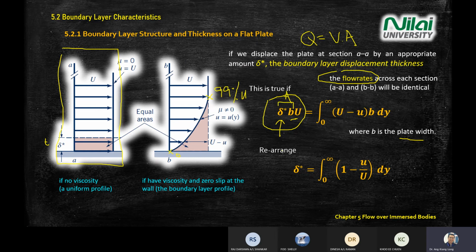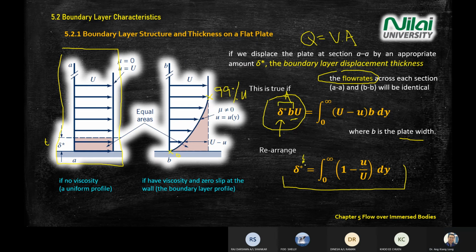Then you rearrange the equation, and you get your boundary layer displacement thickness, delta star, in the integration format. So this delta star is a boundary layer displacement thickness.